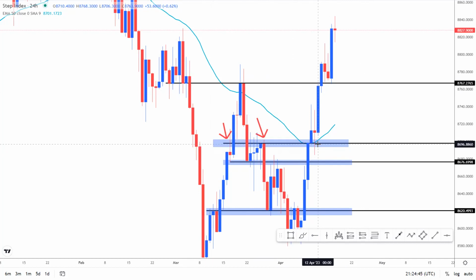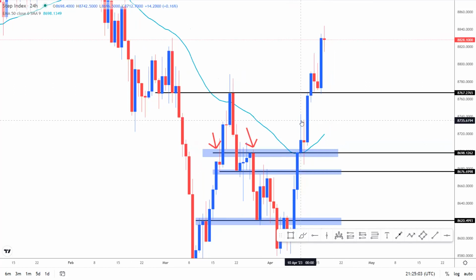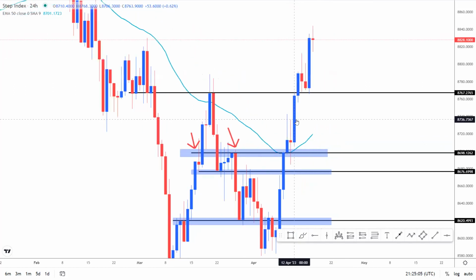Well, I will take the extra time to switch down to the 4-hourly time frame just to show you how you would have gotten yourself a nice buy entry confirmation if you had traded the retest of this level. But right now we are looking at the daily candlestick break above this level.